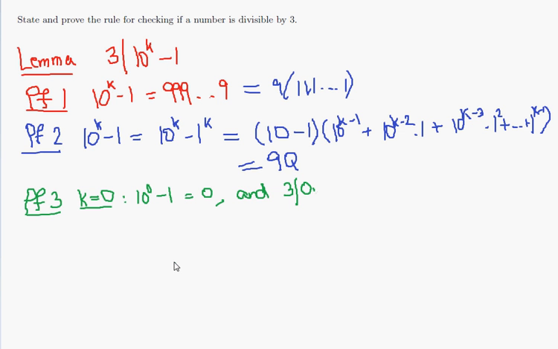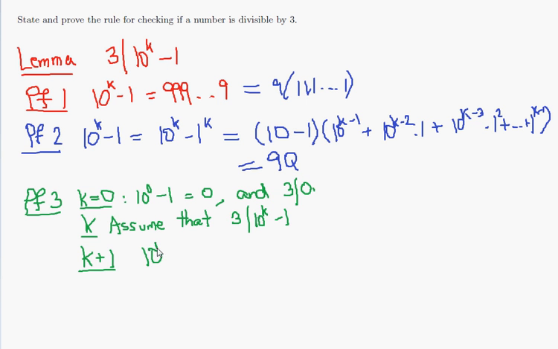So that's the base case. Now for the inductive case, assume that 3 is a factor of 10 to the k minus 1. Then we go to the next case, the inductive step, k plus 1.